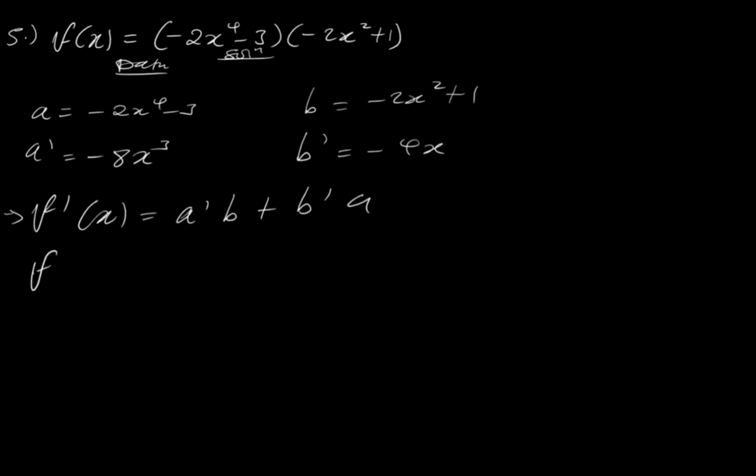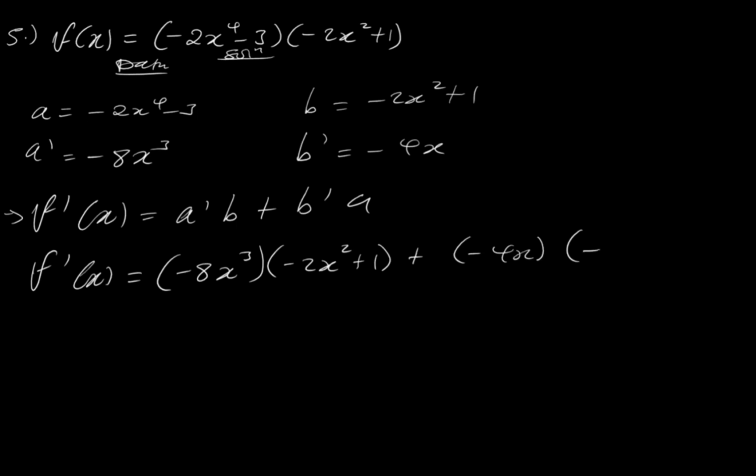You can just substitute now. What is a prime? It's minus 8x to the third times b, which is minus 2x to the second power plus 1, plus b prime, which is minus 4x, times a, which is minus 2x to the fourth minus 3. So this is our answer.